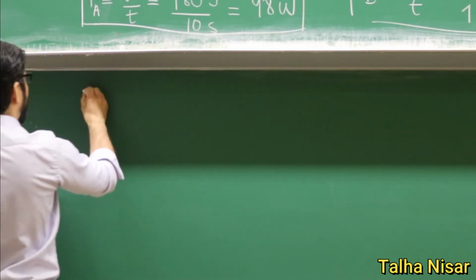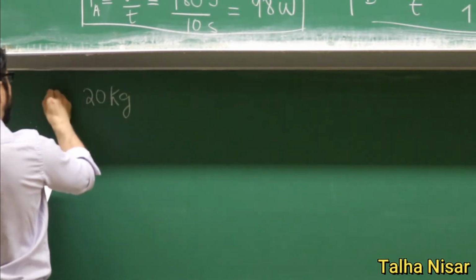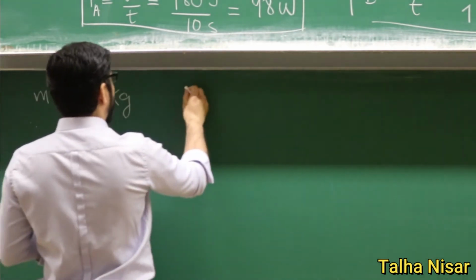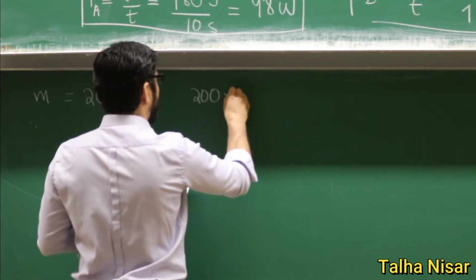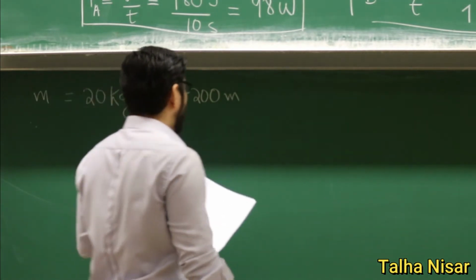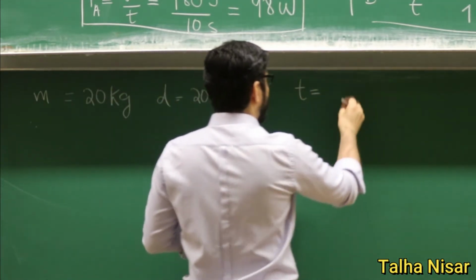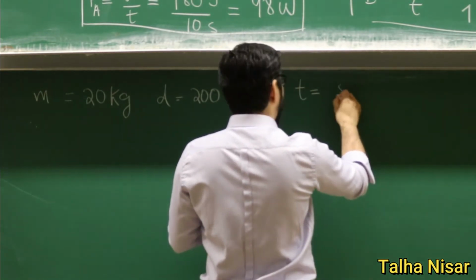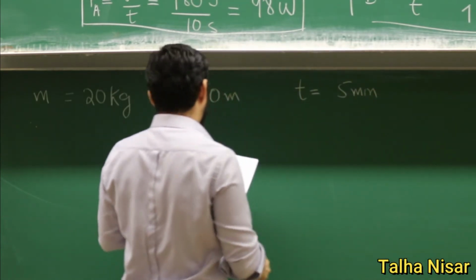We have 20 kilogram mass, and it is lifted to 200 meters. So we have the displacement given and also the time is given, which is 5 minutes. We will convert this to seconds.